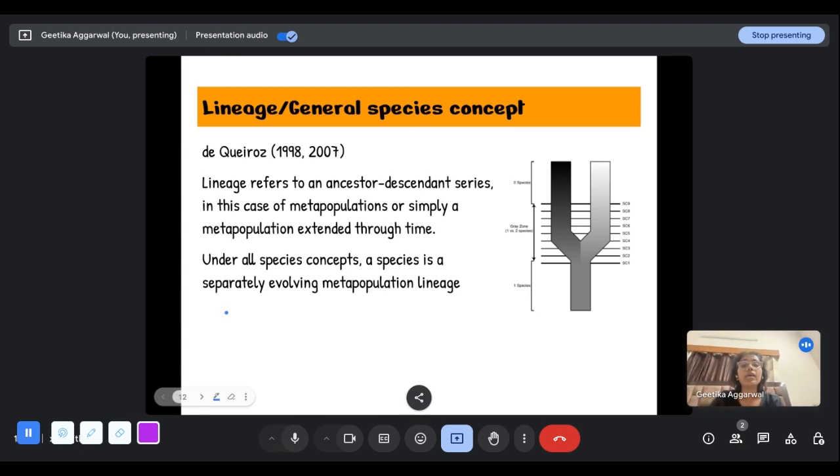Now, the last species concept that I would like to talk about is the lineage or the general species concept. It was put forth by De Queiroz earlier in 1998 and then again in 2007.